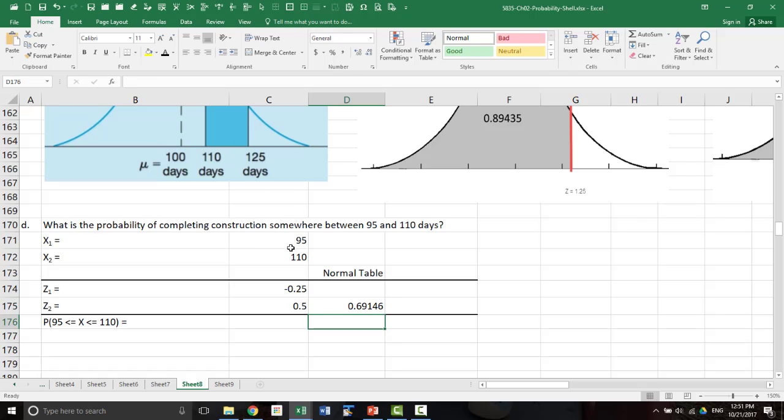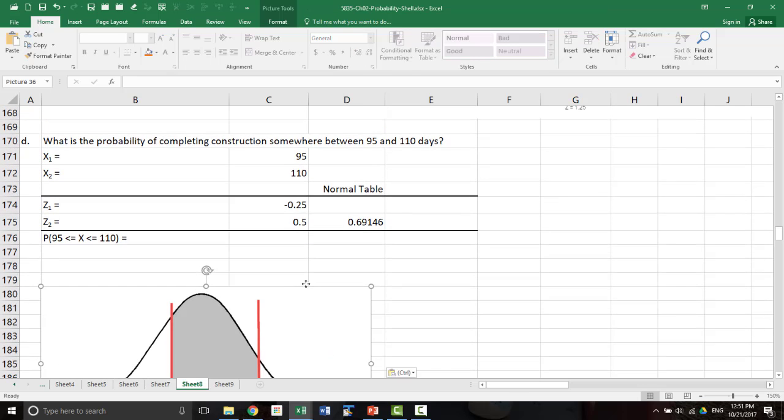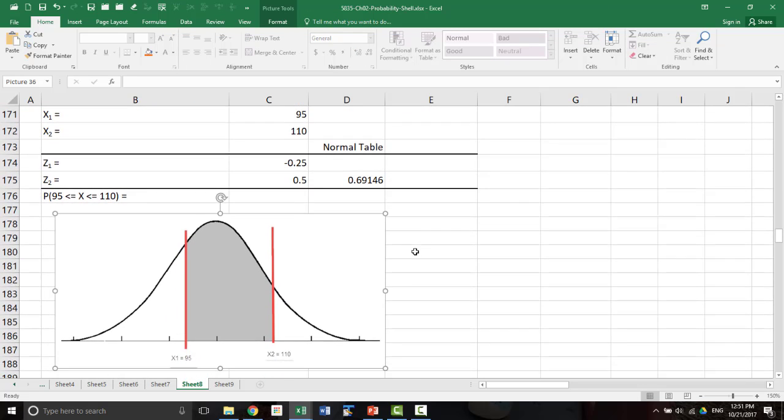Okay, well, before that, what does this probability look like? So it looks like this. We have 0.5. Well, this is 95 and this is 110, and this is the center, mu equal to 100.